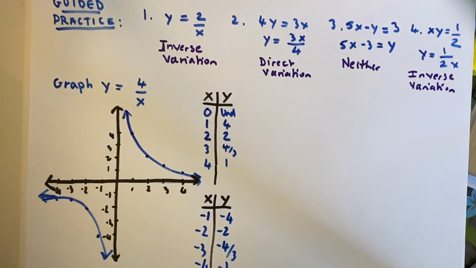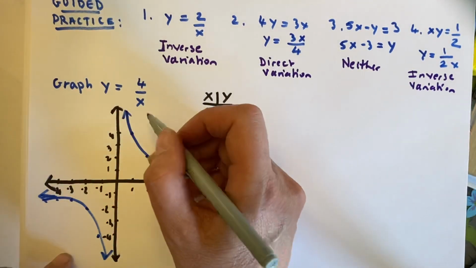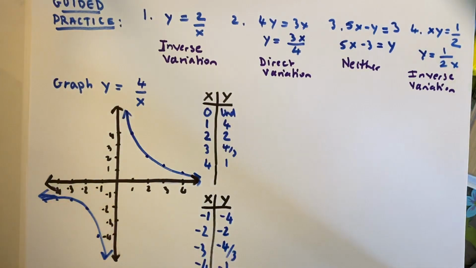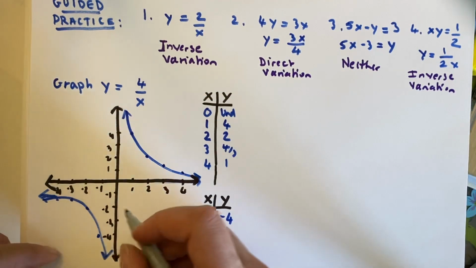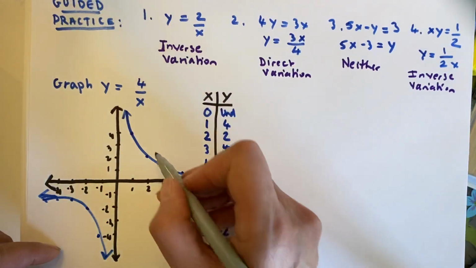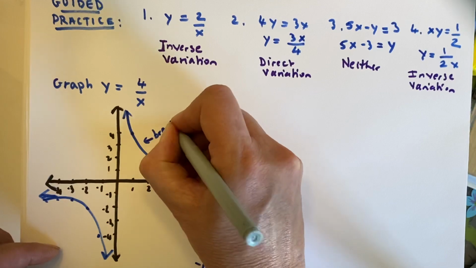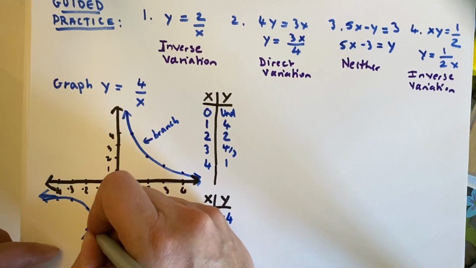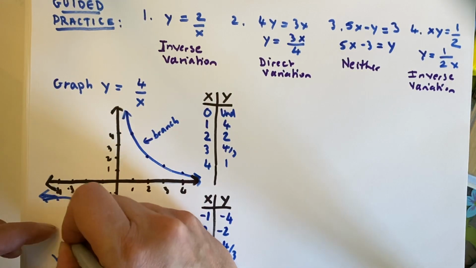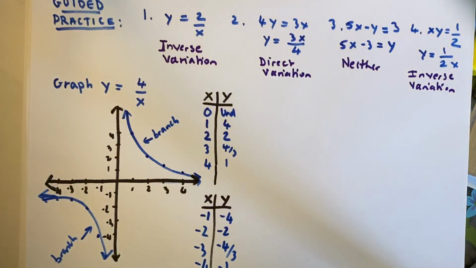Okay, so very quickly, that is the hyperbola, or the inverse variation, also called the rational function, and this is a hyperbola. And the hyperbola has a branch. This is a branch of the hyperbola, and this is the second branch of the hyperbola.